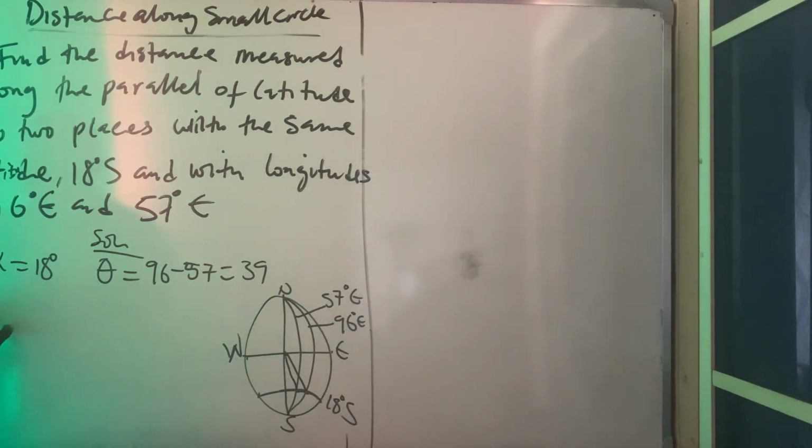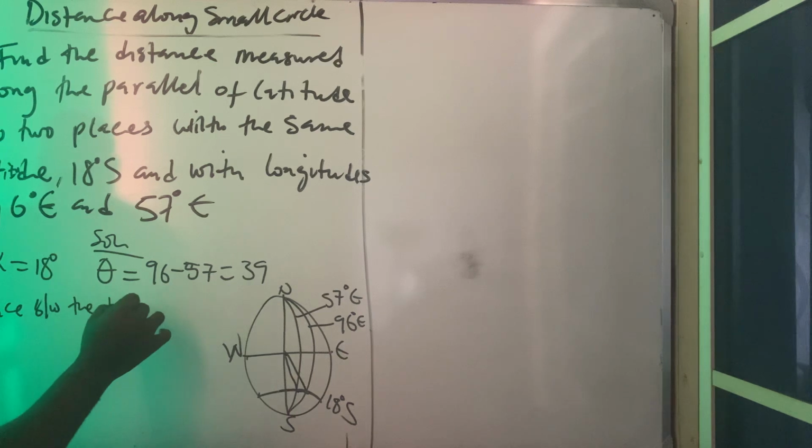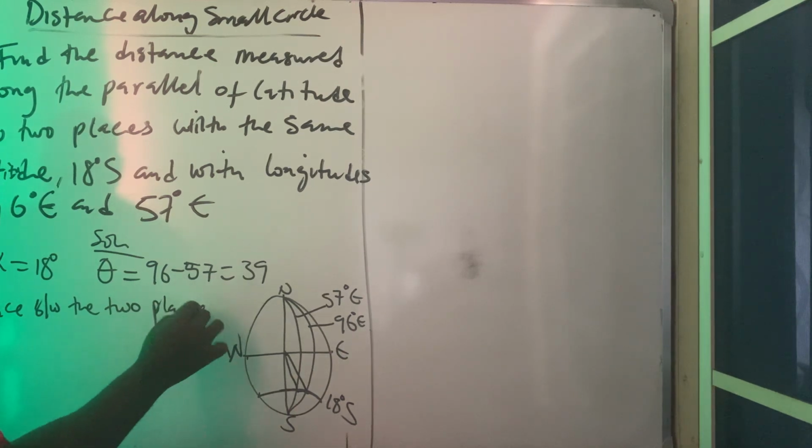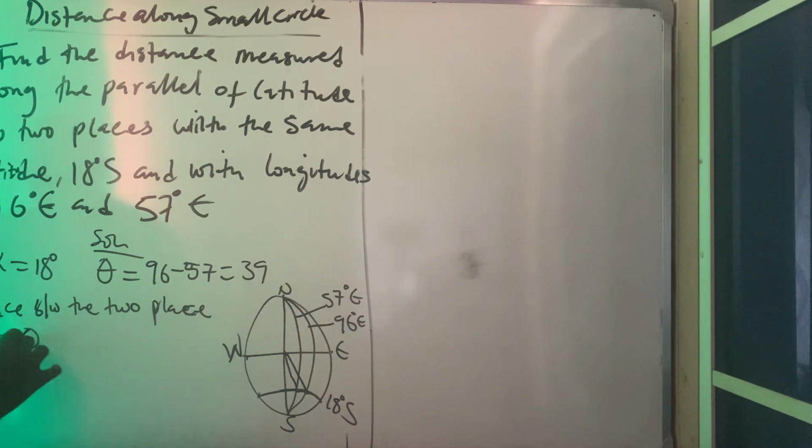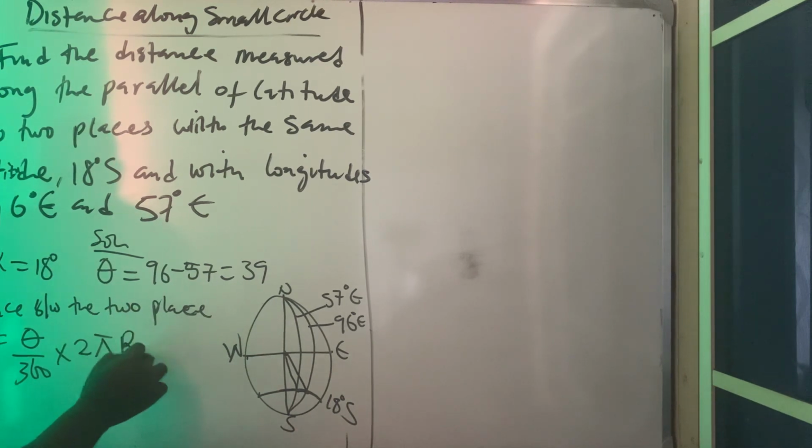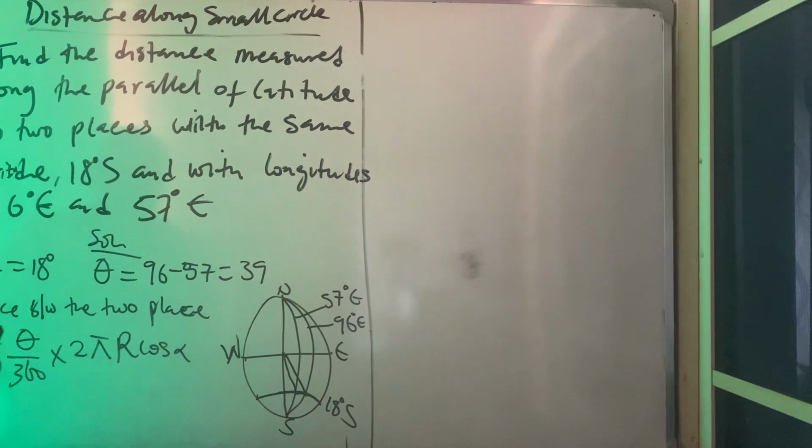So we say that the distance between the two places is equal to theta over 360 times 2 pi big R cos alpha. Very simple.